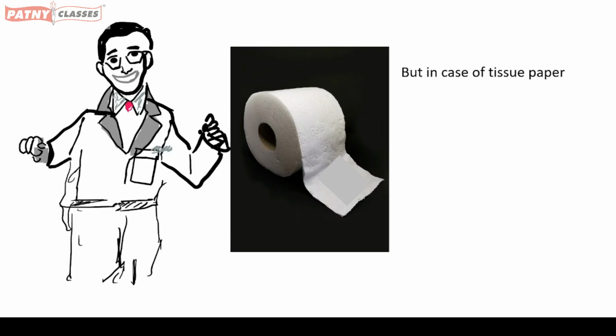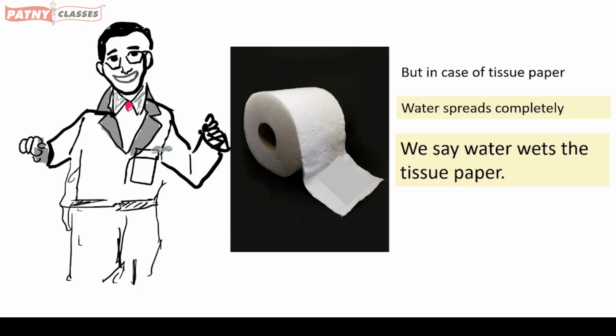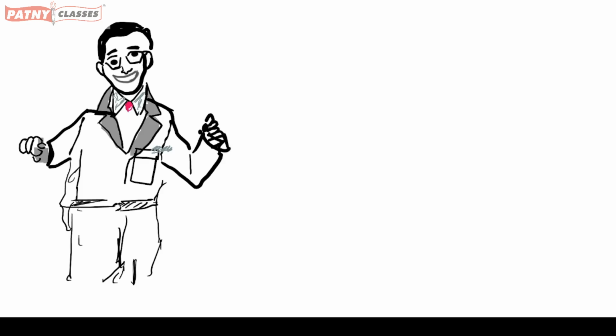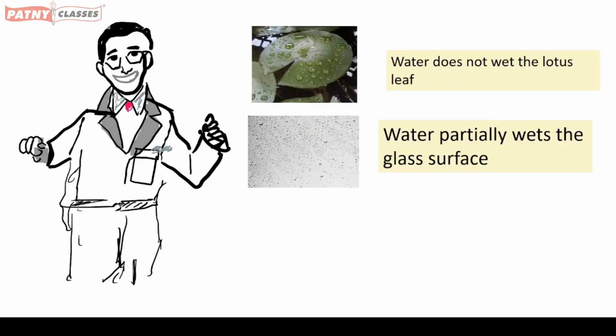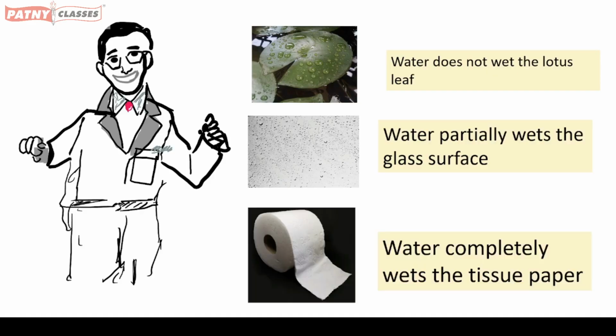But in the case of tissue paper, water spreads completely. We say water wets the tissue paper. So, water does not wet the lotus leaf, water partially wets the glass surface, and water completely wets the tissue paper.